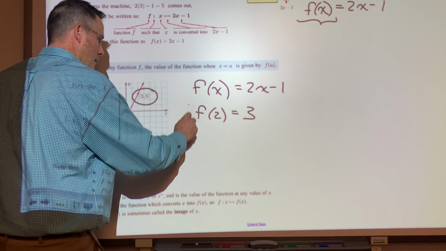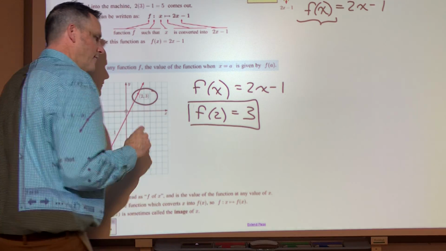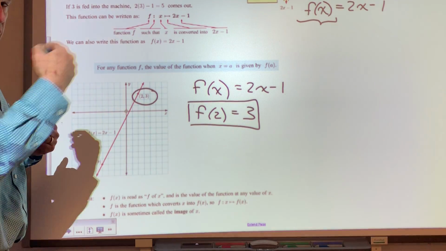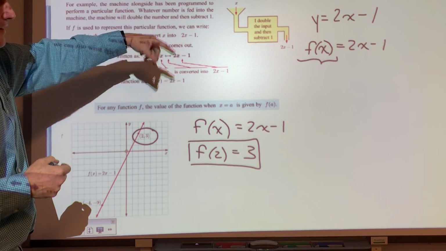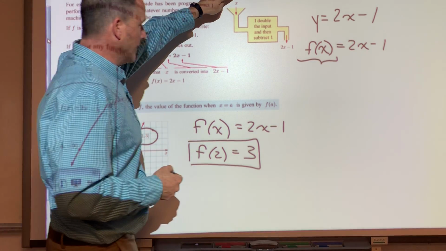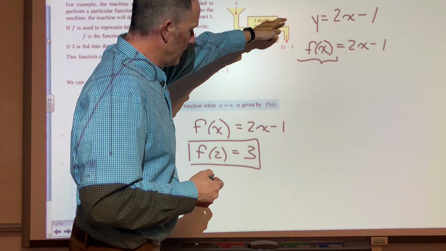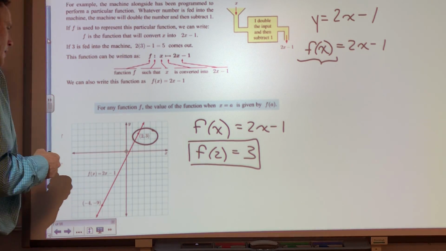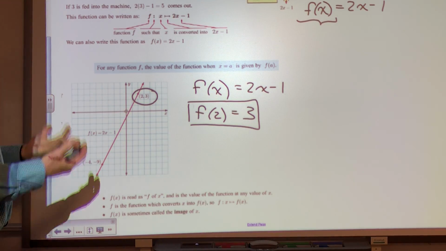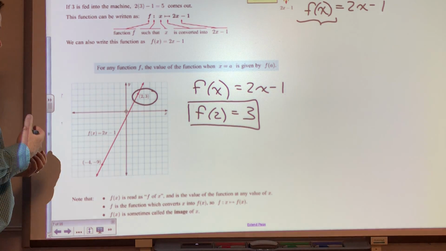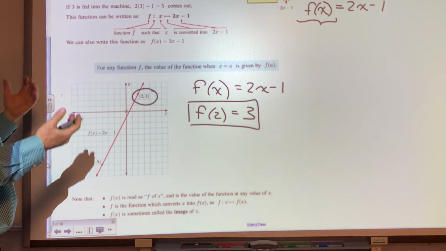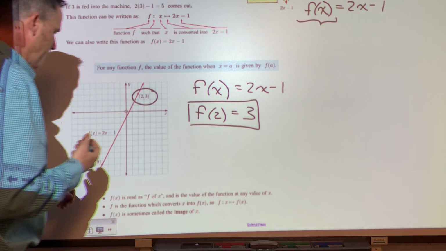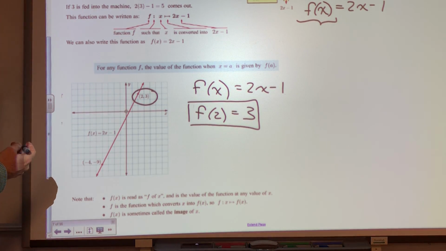So when x is 2, my function produces a value of 3. So this whole input-output thing that you guys did years ago, the x value, the 2 comes in, and it spits out a 3. So this is all we're doing, is substituting. Now, do not try and multiply or divide off the f and all this crazy stuff that ends up happening. There's some bad math going on there.